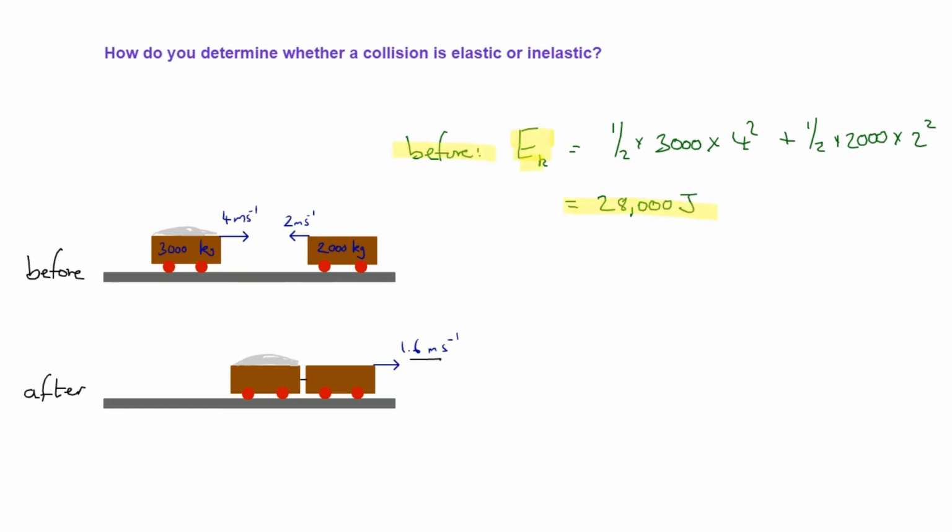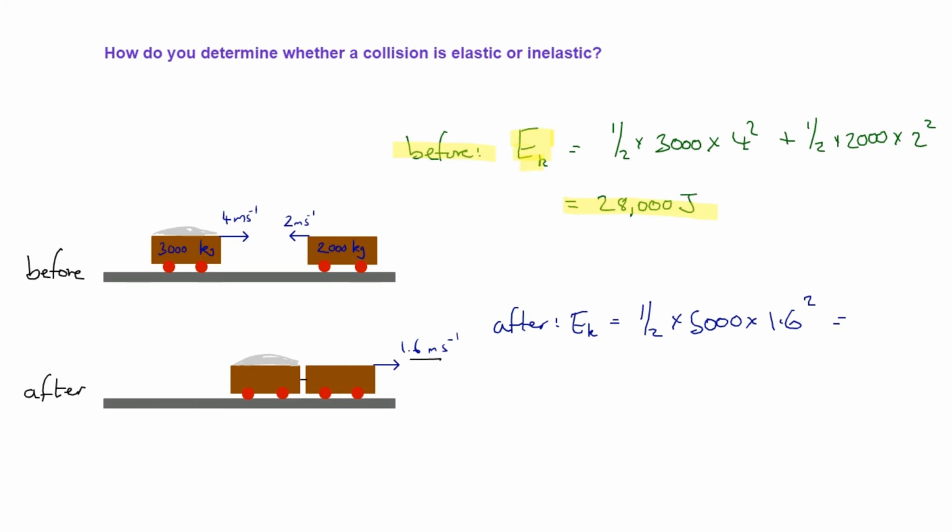So the question, is it elastic or inelastic? We need to find the kinetic energy after. After the collision, it's easy. There's only one body now, and the kinetic energy is a half times the total mass of the new body, the two trains joined together, 5,000, times 1.6 squared.